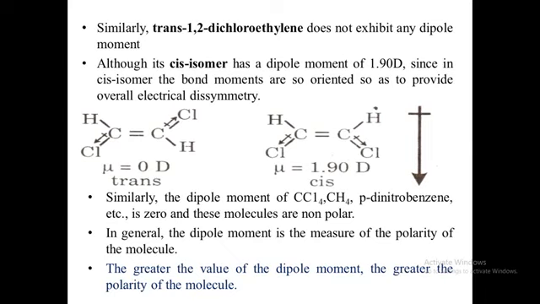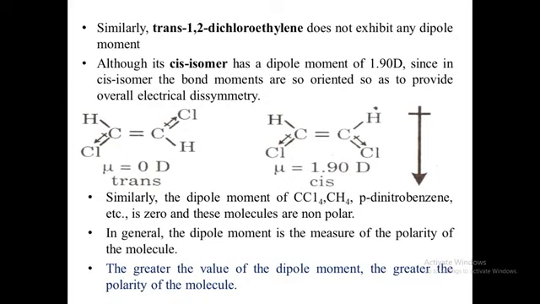The second one, on the right-hand side, has two chloro groups on the downside. In the first molecule, the chloro groups are in a position to cancel out their dipole moments, and the net effect is that the molecule has 0 dipole moment. But in the case of the cis molecule, the molecule is polar and it has a dipole moment value.